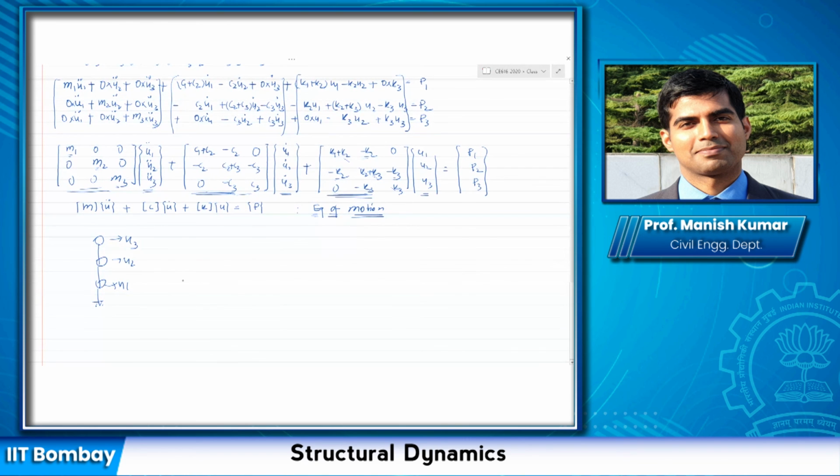So in this case, the mass matrix would be diagonal. However, if you have a continuous system, let us say this is a beam in which mass is actually distributed, let us say m per unit length, then for the distributed mass system, the mass matrix won't be diagonal.